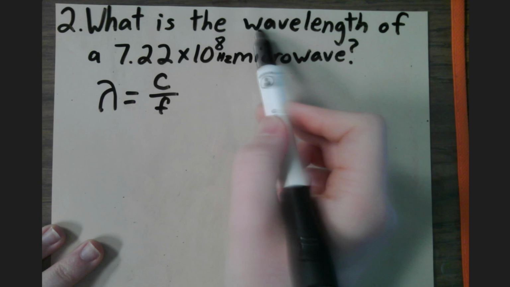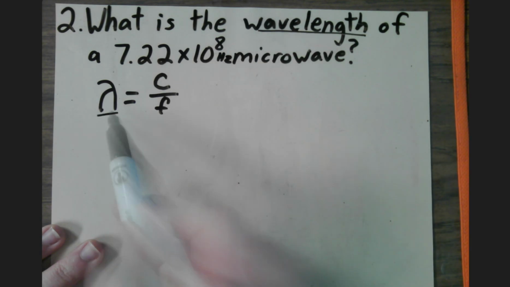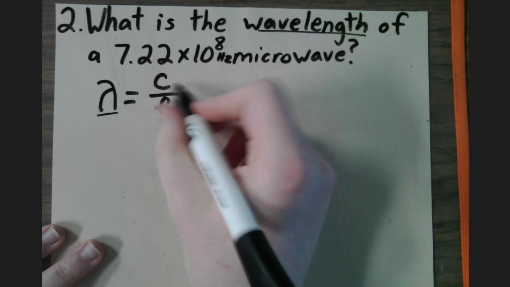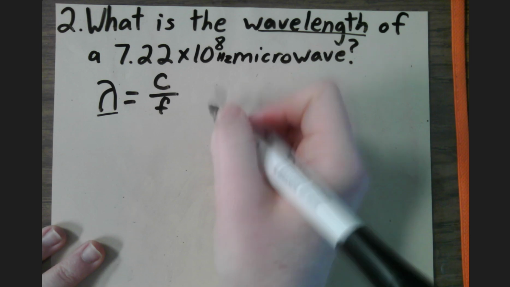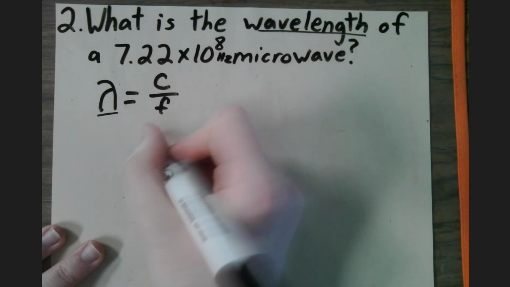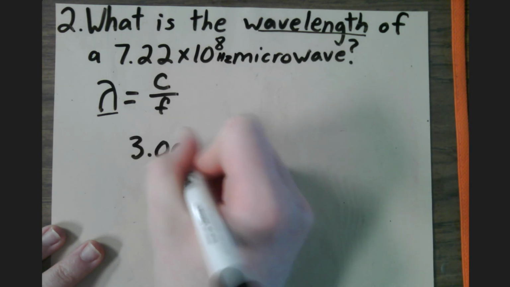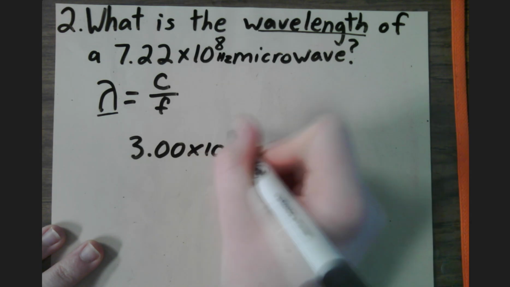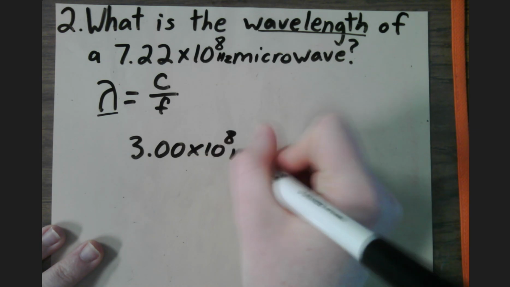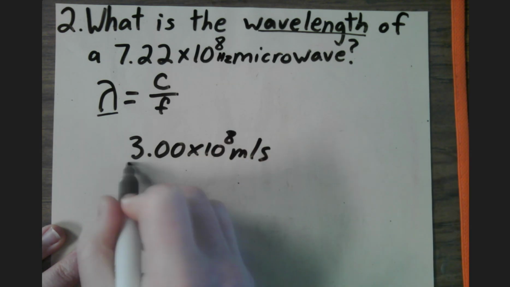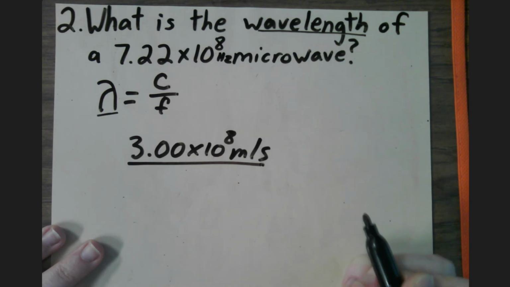And we're looking for the wavelength, which is lambda. All right, so our c is always going to be the same. It will be 3.00 times 10 to the 8th meters per second. That's always going to be on top.